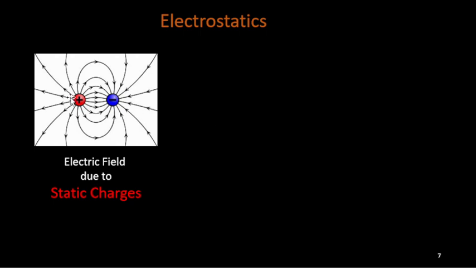So if you have one positive charge here and one negative charge, then we can find an electric field in the space. So here the most important concept is the field. Field is very important for you, and you need to understand what the meaning of field is.